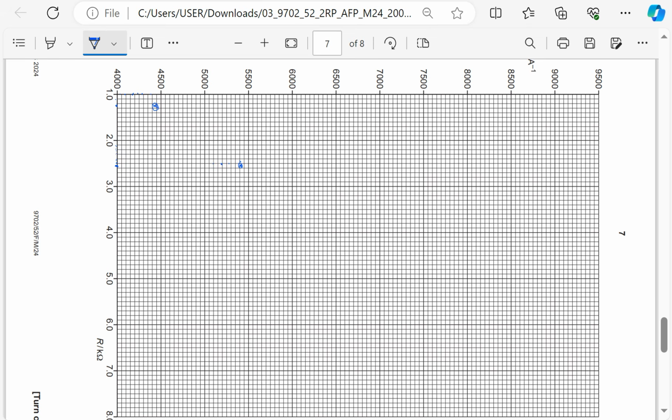The next is 3.9: 0.1, 0.2, 0.3, 0.4, 0.5, 0.6, 0.7, 0.8, 0.9. It's against 6,250. So 6,000, 6,100, 200, 250. I think it is here, exactly here.